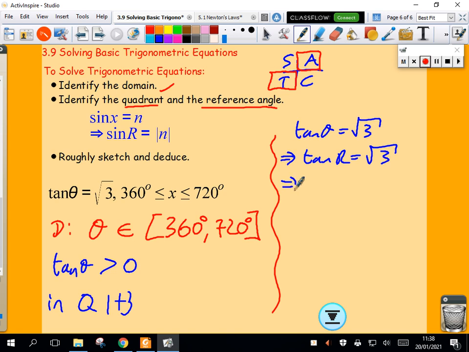So you should know this. If you don't, you just type into your calculator. The reference angle is going to be tan inverse of root 3. Type tan inverse of root 3 into your calculator. You'll find that the reference angle is 60 degrees.